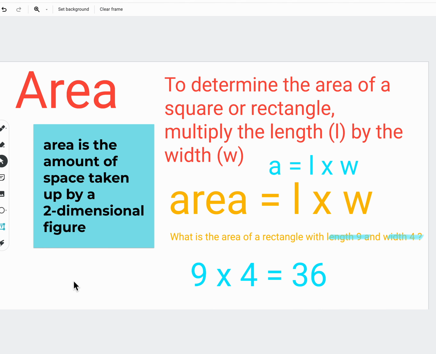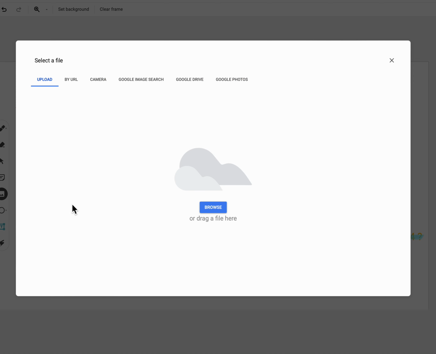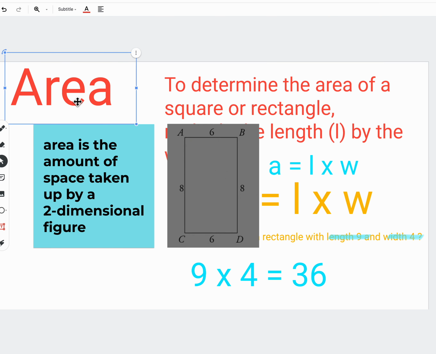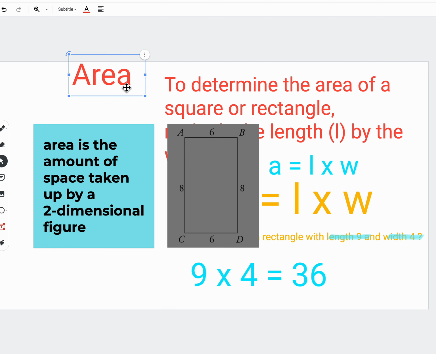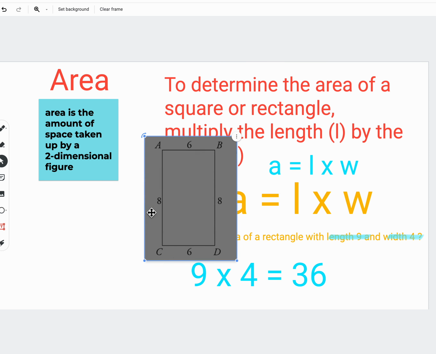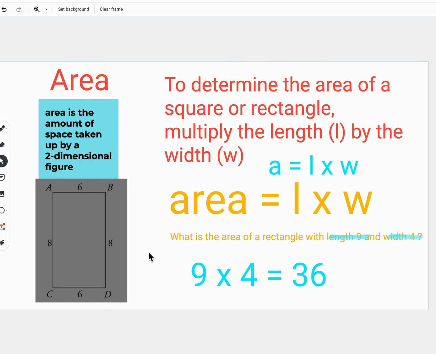Let's take a look at a figure. Can we find the area of this rectangle?